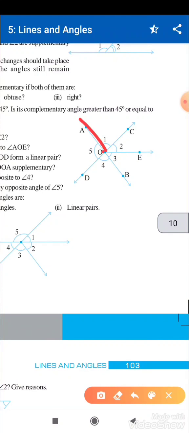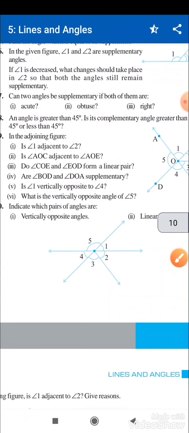So angle AOC is not adjacent to angle AOE. Here we can conclude that angle AOC is not adjacent to angle AOE.